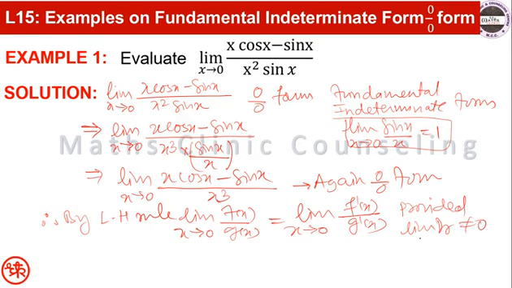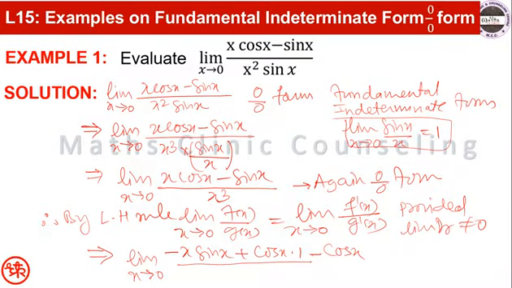Is that clear? So by this, the given limit will now become limit x tends to 0. First we find f dash of x. The derivative of x cos x is minus x into sin x plus cos x into the derivative of x, which is 1, minus the derivative of sin x, which is cos x, divided by x cube, that is 3x square.